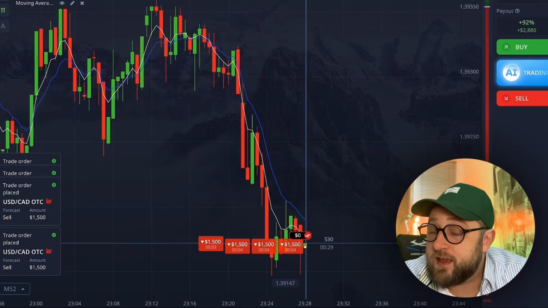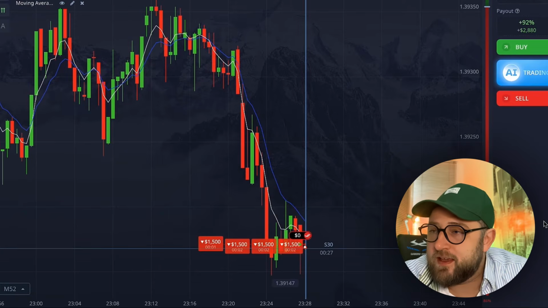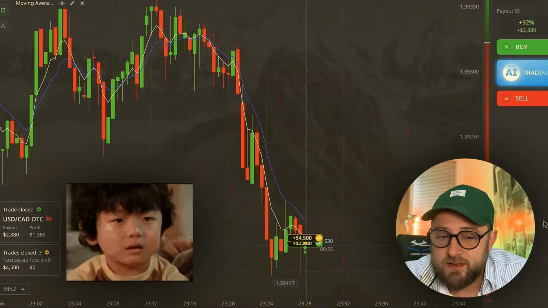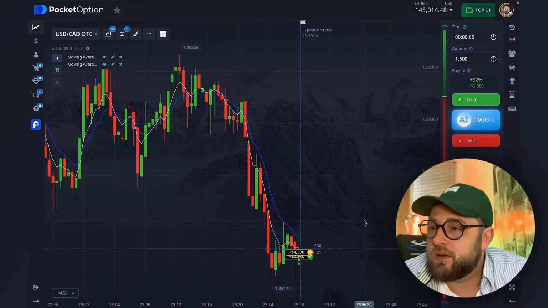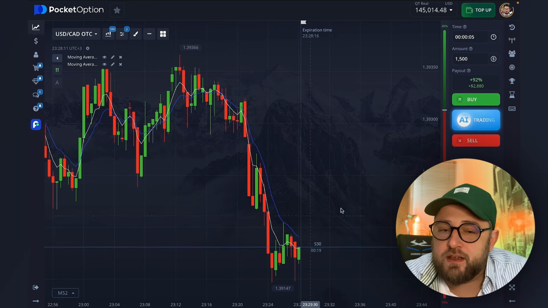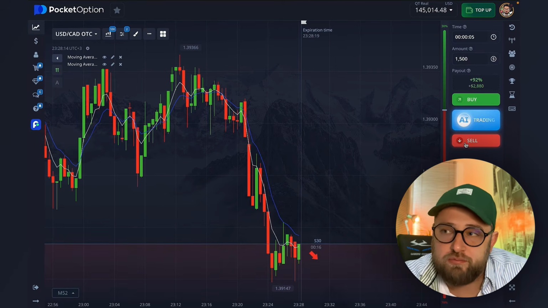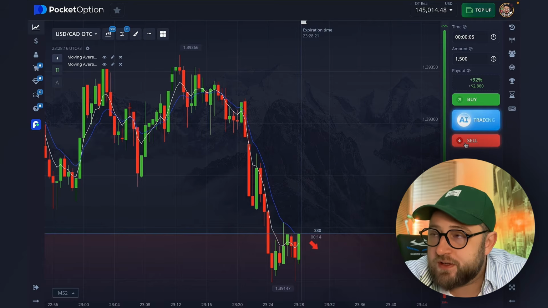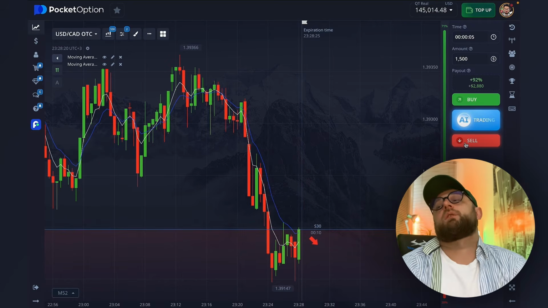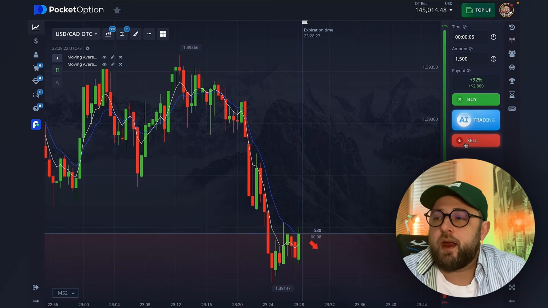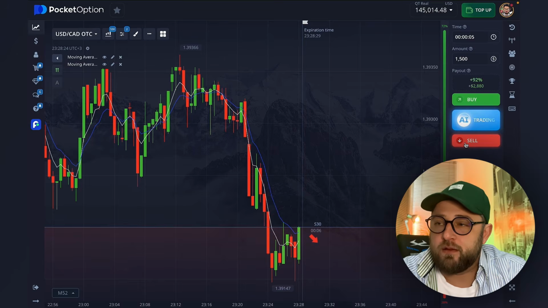And we lose again. Martingale. Again. See? For the next candle, we use the same direction, of course, because this is part of the strategy. Wait and sell.